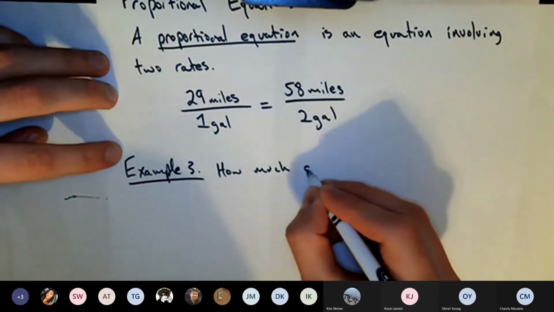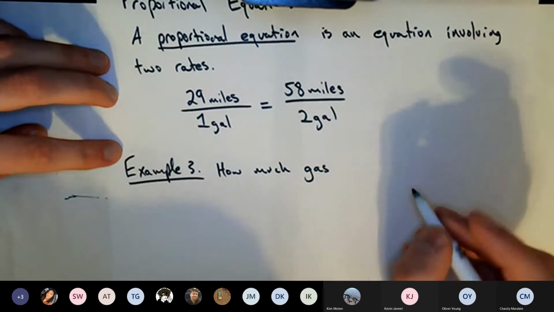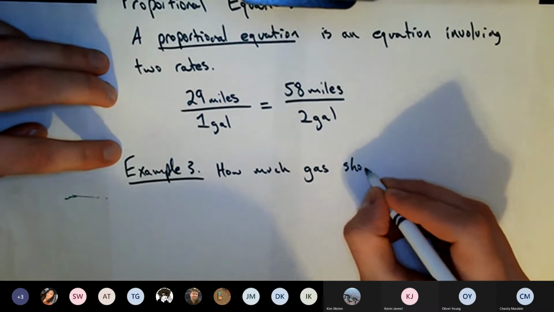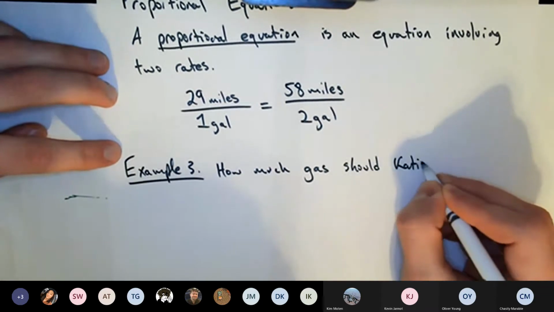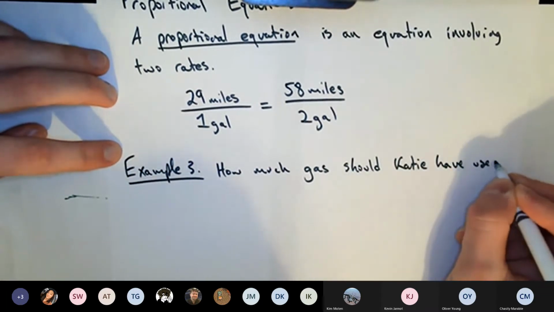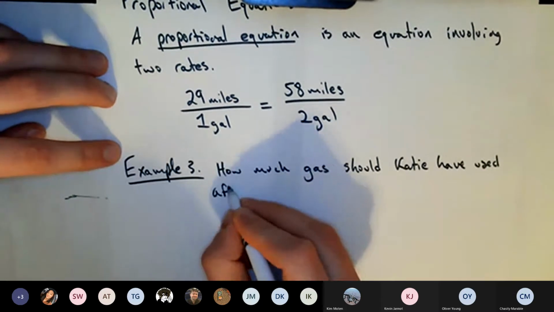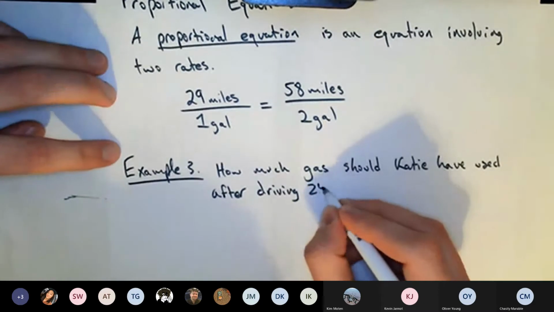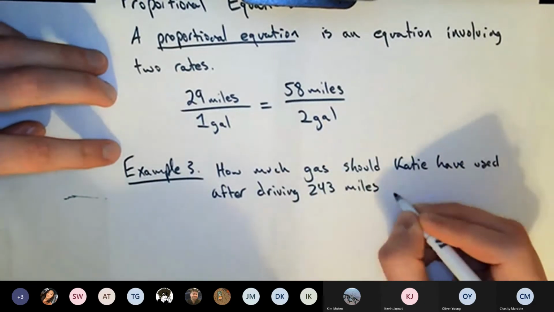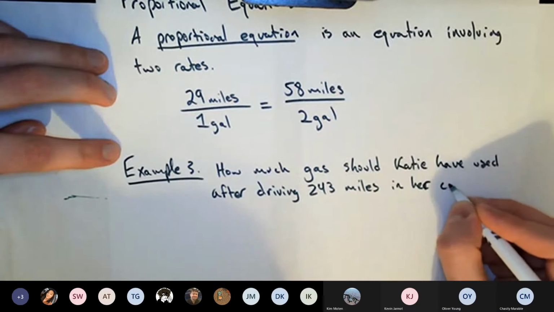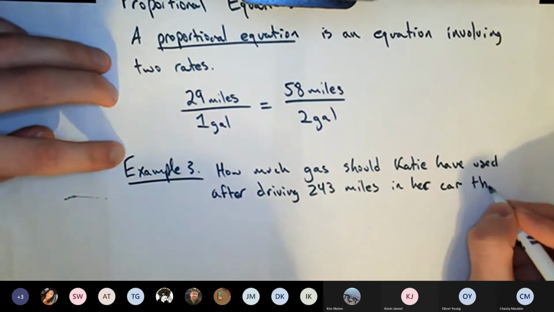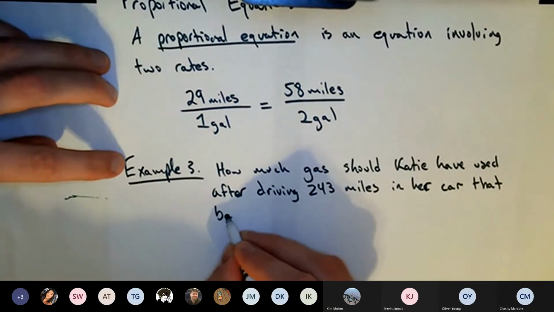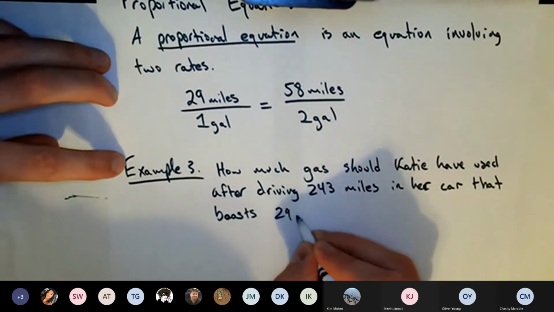How much gas should Katie have used after driving 243 miles in her car that boasts 29 mpg?